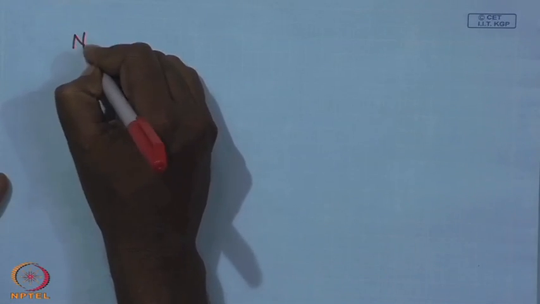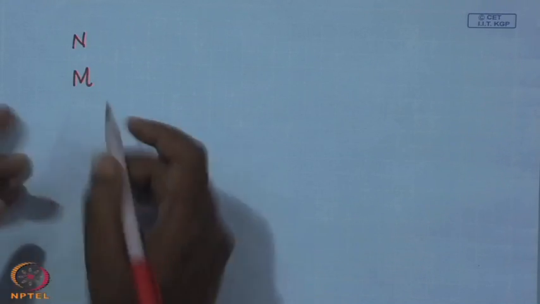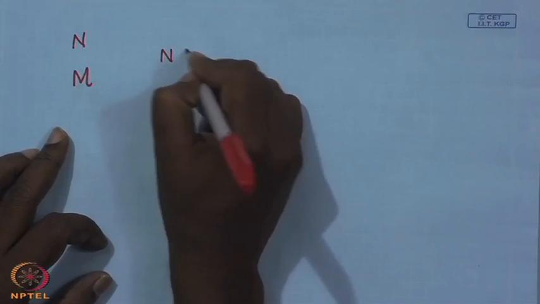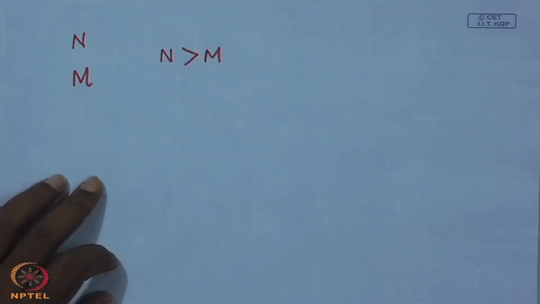So, if I have n feature vectors given for training purpose, and I have m nodes in the hidden layer, obviously n has to be greater than m, otherwise clustering n feature vectors into m clusters does not make any sense. So, I have to have more feature vectors than the number of clusters that I have to form.